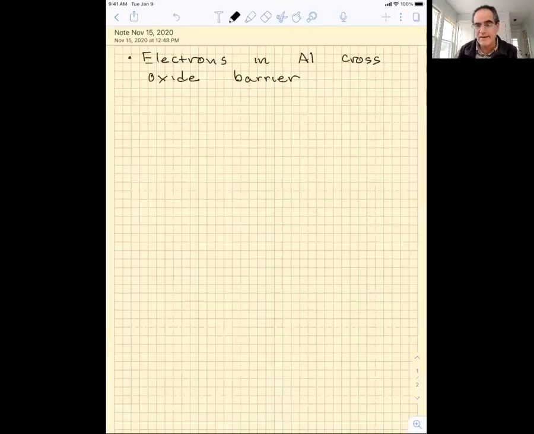So it's a gem material, very tough and very insulating. How did the electrons in the demo we just did cross through that insulating layer in order to flow through the aluminum? Something to think about.